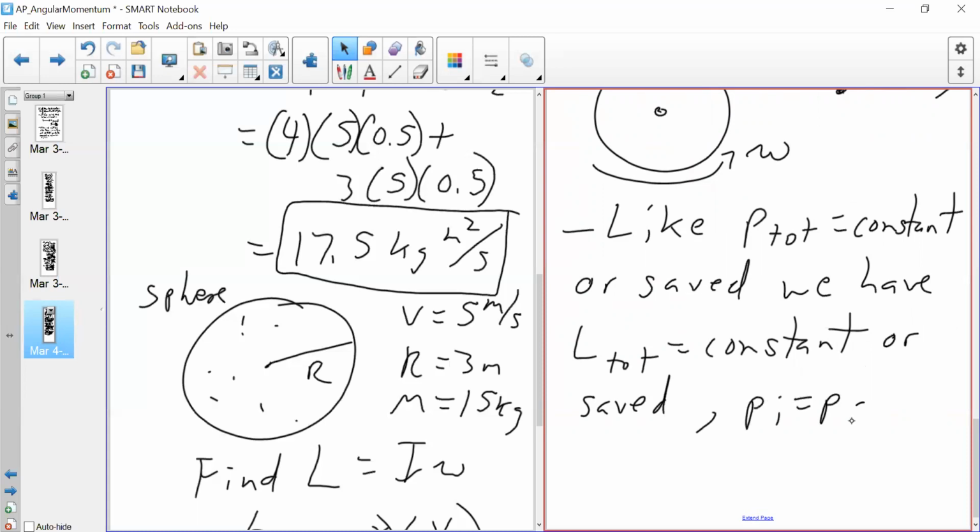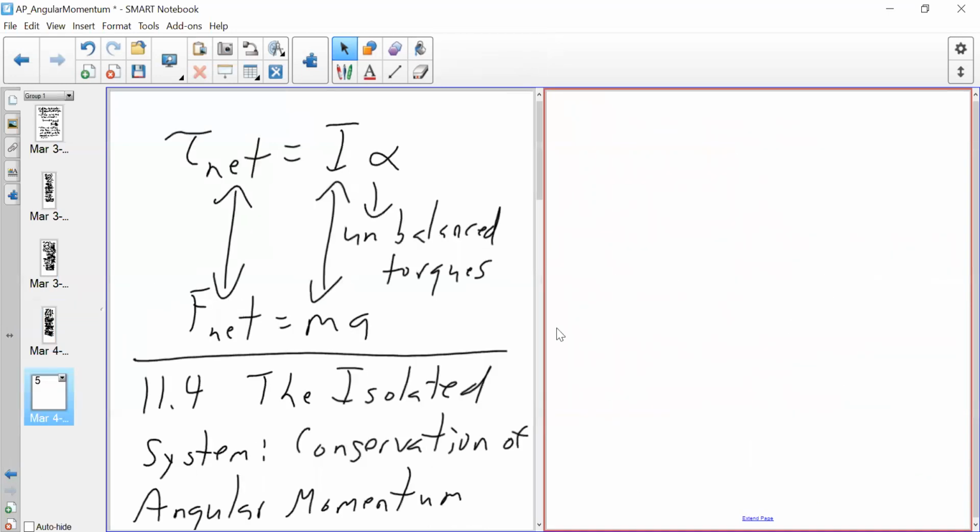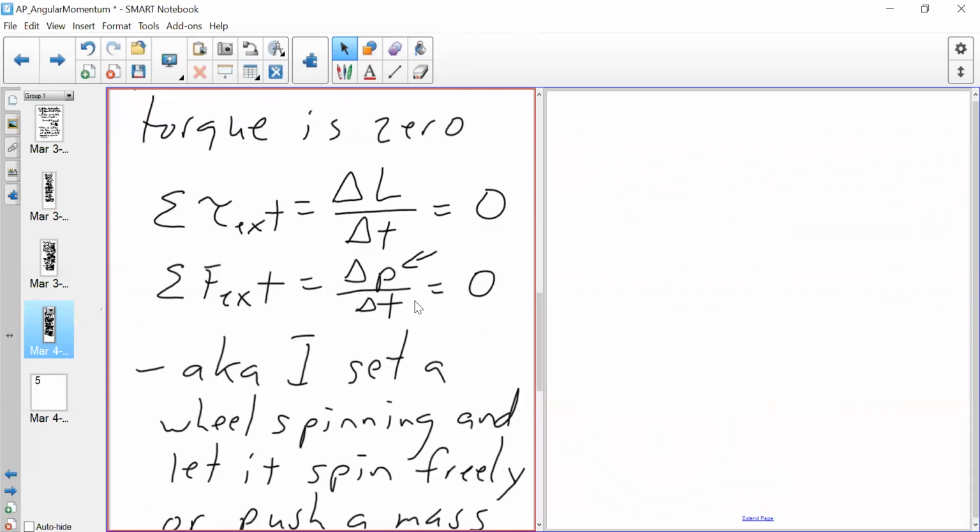Therefore, whatever we had in the beginning will be the momentum in the end, for the linear case and the angular case. And that can only happen when the outside force is 0, and here, when the outside torque is 0, saving the momentum. So I'll leave that here.